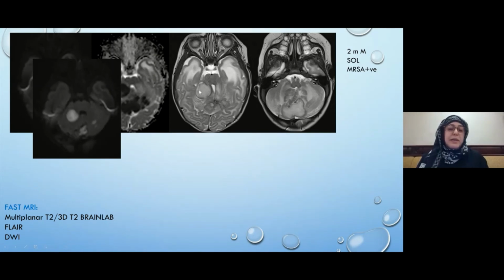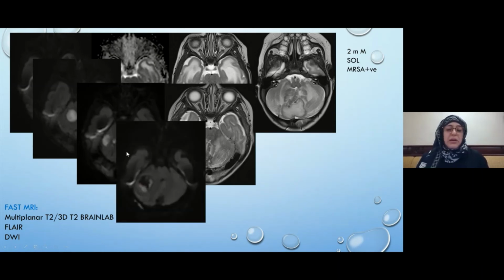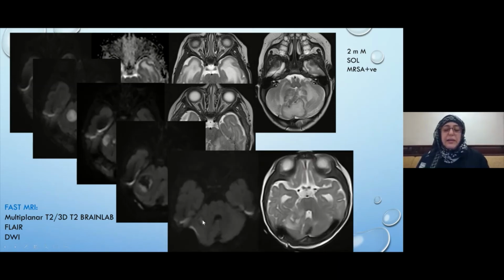We were doing multiple frequent imaging for this baby using our fast MRI protocol, and we were able to see on diffusion the changes within these abscesses. We were also able to detect the new abscess that was coming on, while the other ones were decreasing in size, and we can also see the reduction in size post aspiration.